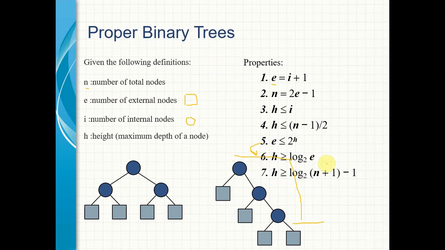With these, we can do further calculation on the relationship between the height and n, which is that h must be greater than or equal to log base 2 of (n plus 1) minus 1. So these are some special properties of these special binary trees: full binary tree, complete binary tree, and proper binary trees.